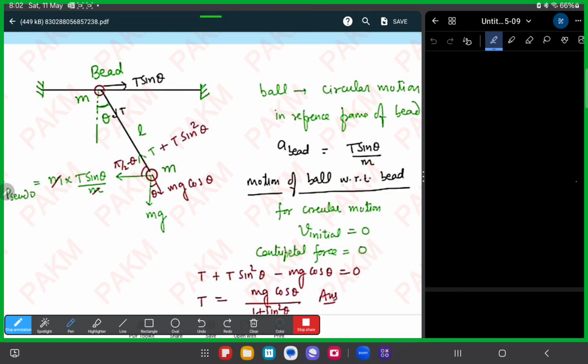So the motion of the ball with respect to the bead will be circular motion, as I told you. The initial velocity, of course, will be zero.